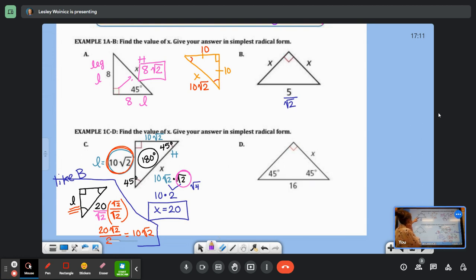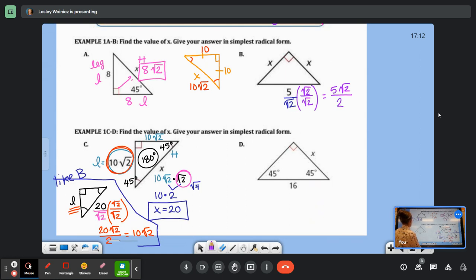So I have to do that rationalizing thing where I multiply by root 2 over root 2. So that gives me 5 root 2 over 2, because these two make a 2.